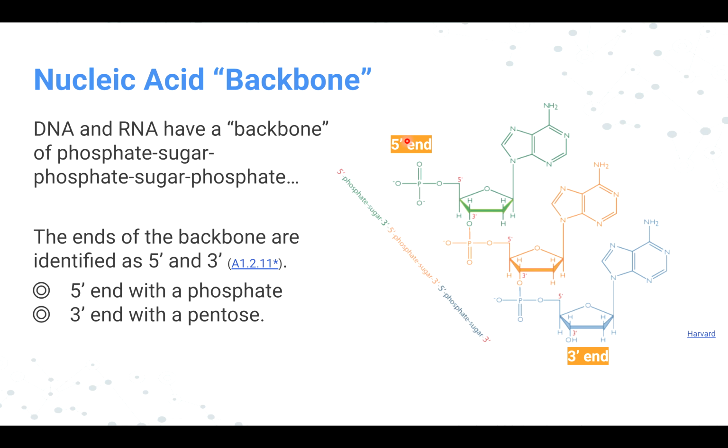The top one is 5' end because the 5th carbon is attached. Here the 3' is free, so that's why 3' carbon. So the backbone is always identified as 5' to 3'. What you have to remember here: the 5' end has phosphate and the 3' end has pentose sugar. This is important because this concept will again come in the process of DNA replication and transcription. So we have to understand this backbone concept.